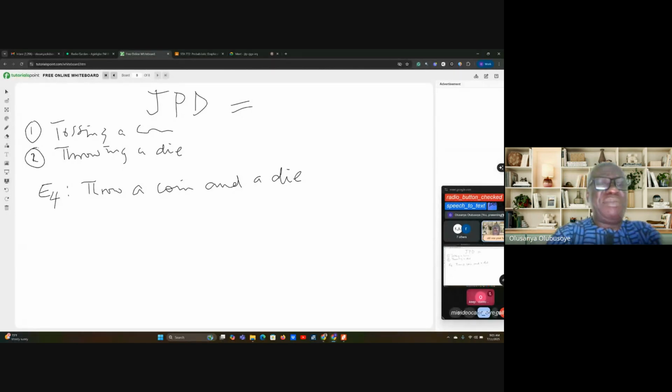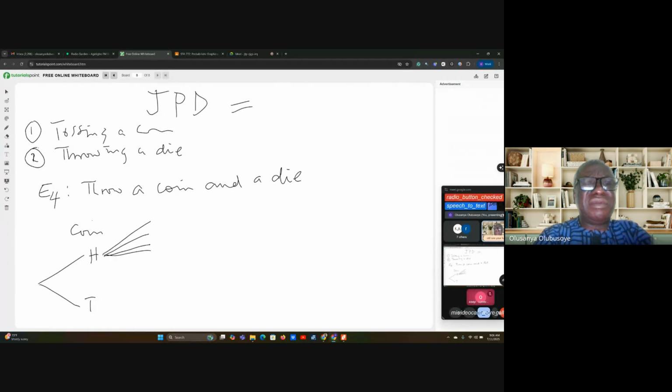So what will happen is that in the coin, you will have head or tail. If you had a head in the coin, then in the die, 6 things can happen. You could have a 1, so for the die, 1, 2, 3, 4, 5, 6.